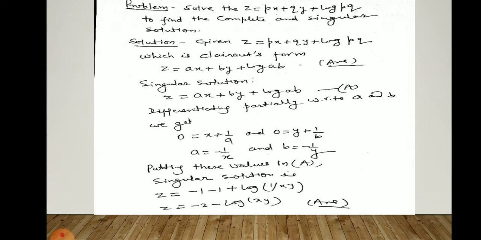Putting these values in equation number 1, that is z is equal to ax plus by plus log ab, we get z is equal to minus 1 minus 1 plus log (1 upon xy). So after simplifying, we get z is equal to minus 2 minus log xy, which is the required solution.